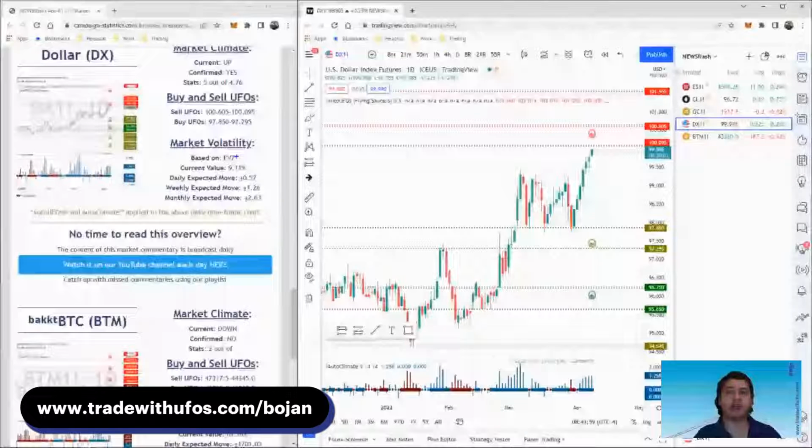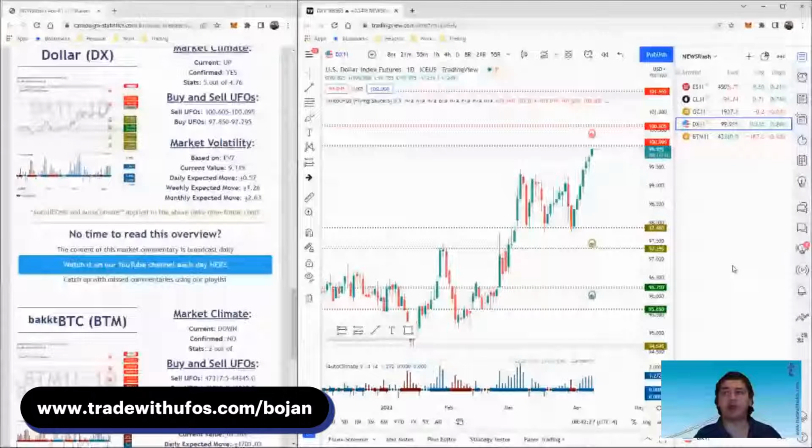According to EVZ, 0.57 movement for the day. Of course, the auto UFOs as of late, you've seen this exact UFO multiple times. Right now we are looking at price pushing up into close to that 100 price range.